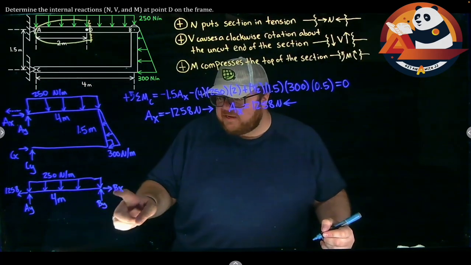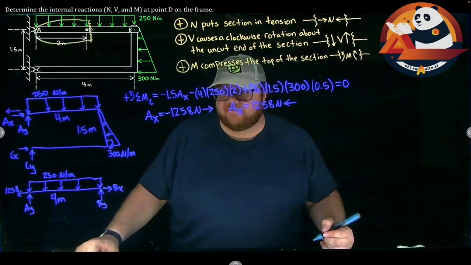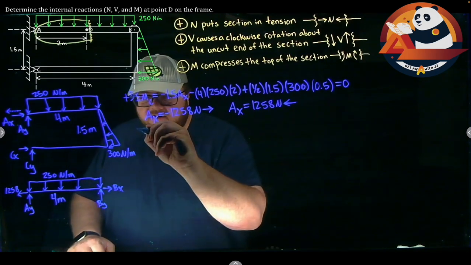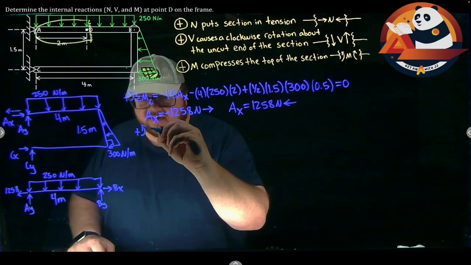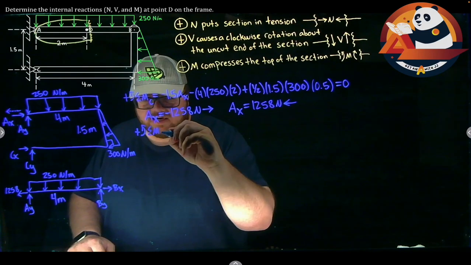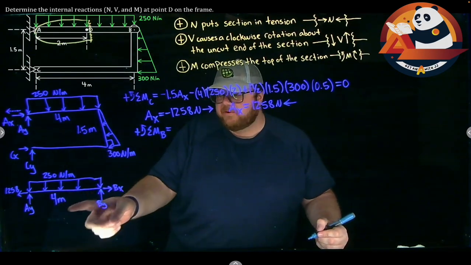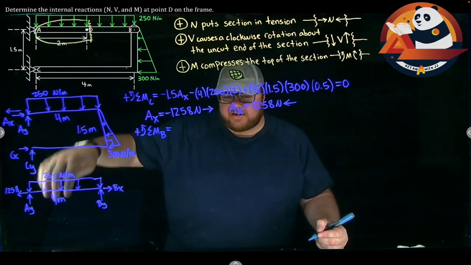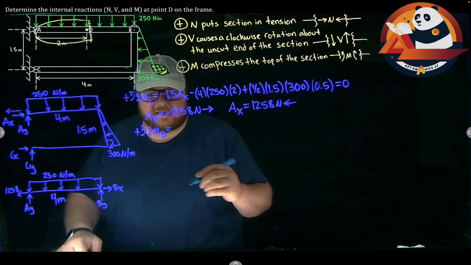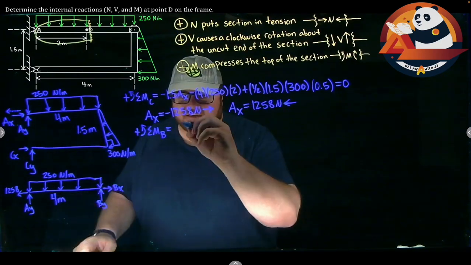So let's just sum moments here at B, and I'm going to get AY out for that. So I'll come up here with positive going counterclockwise. Let's sum up my moments about point B this time on a new free body diagram. My rectangular distributed load will cause a counterclockwise rotation, a positive moment here.